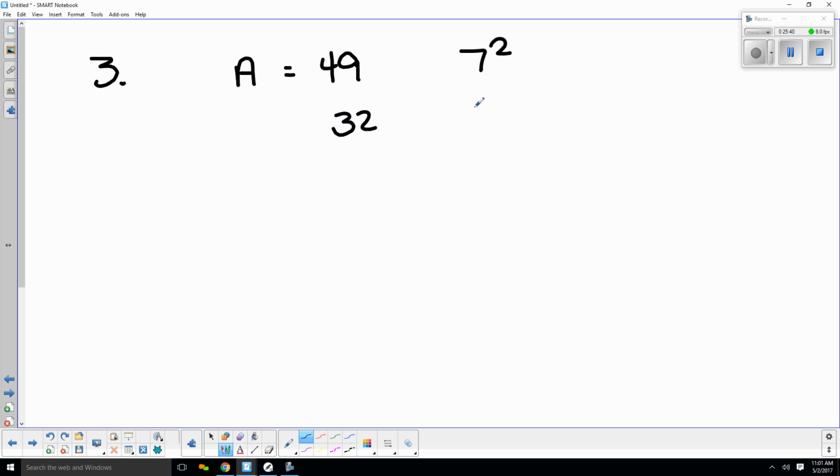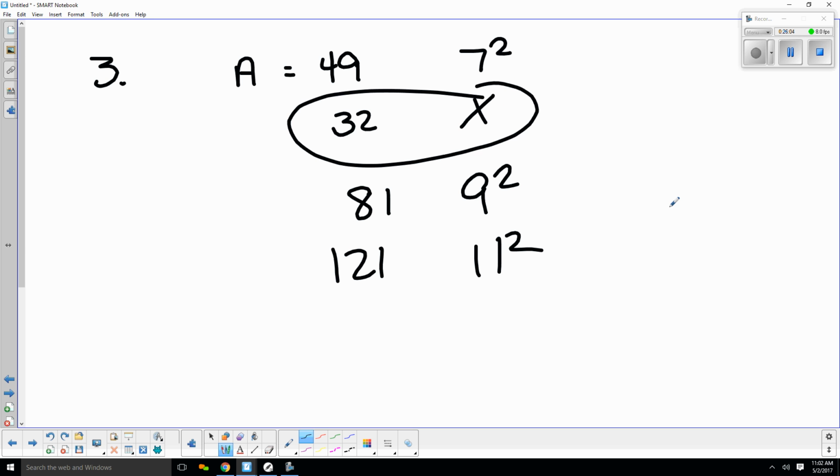So nothing, because 5 is what? 25. So if you've already used 5 and know it's 25 and 6 is 36, there's no way I can get 32 in between those two without another number. Okay? So 32 is nothing. 81 is a perfect square of 9. And 121, 11. Okay? So B is my answer for number 3.